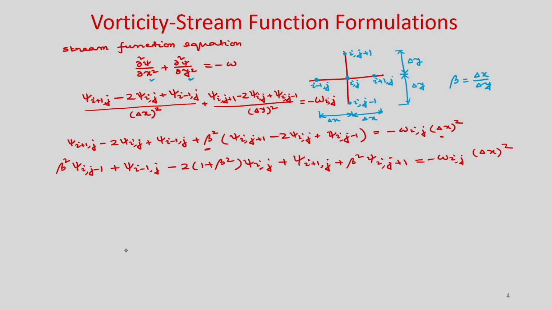Okay. So, this is the discretized equation. So, now you have to choose whether you will use implicit method or explicit method to solve it.